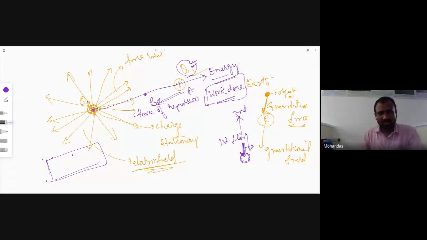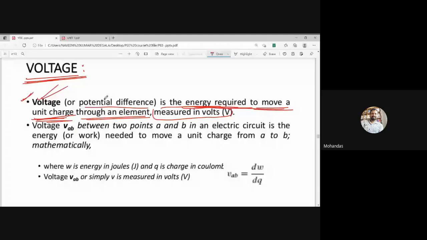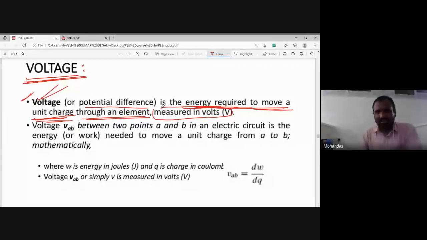So I will come to the definition here. I will share the definition. Now, if you read the definition of voltage, it is the energy required. Just now you have seen why the energy is required.